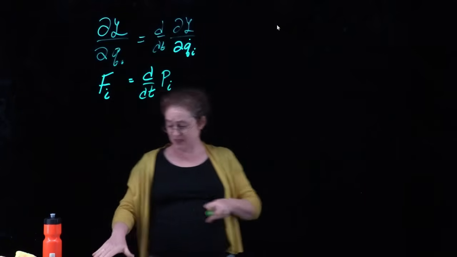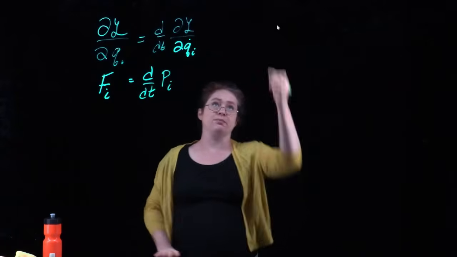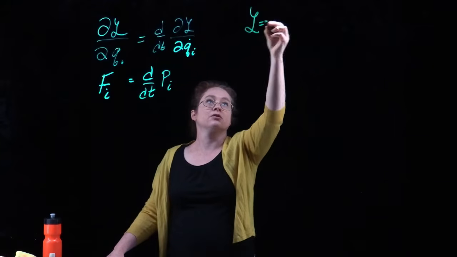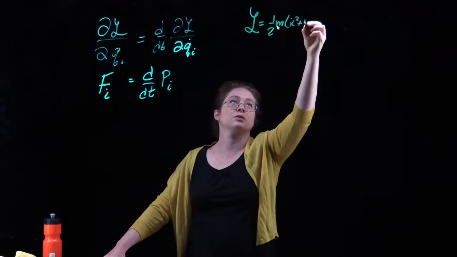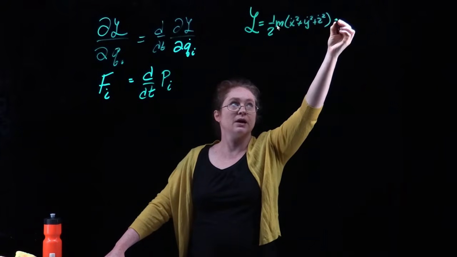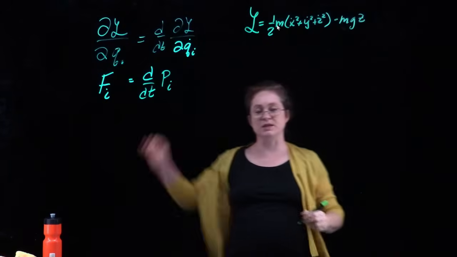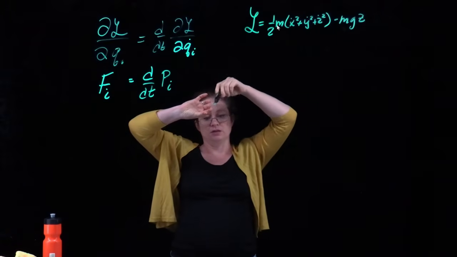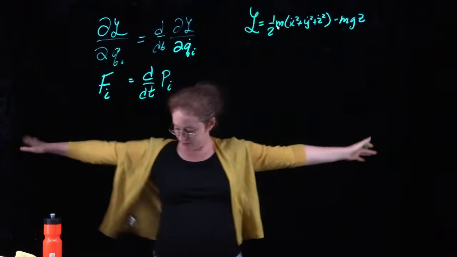So if we take an example, a particle in projectile motion in gravity near the Earth, the Lagrangian is 1/2 m times x dot squared plus y dot squared plus z dot squared, minus mgz. So this is putting z on the surface of the Earth, and then it's the distance from the surface of the Earth, and x and y are relative to the Earth, but on the surface.